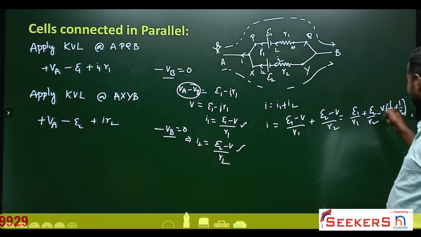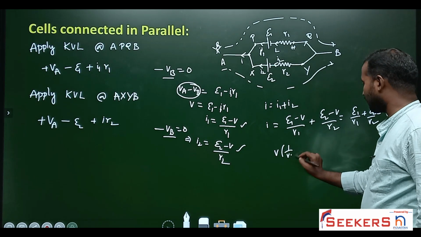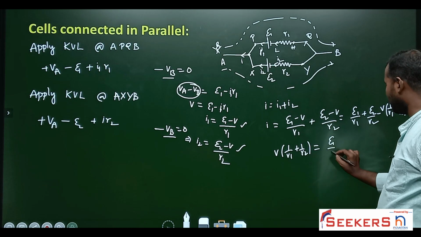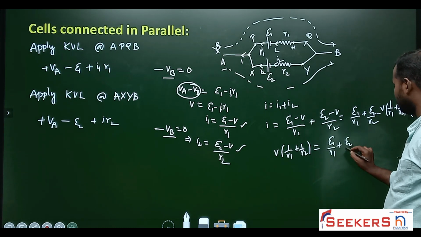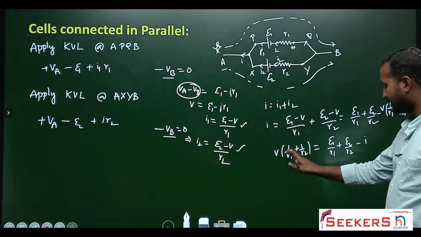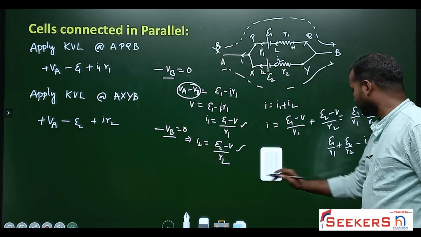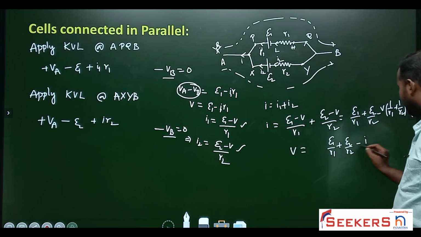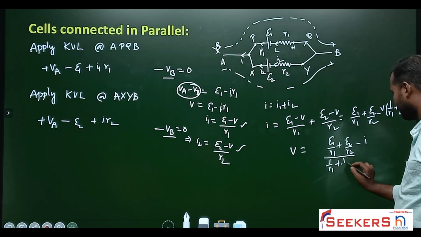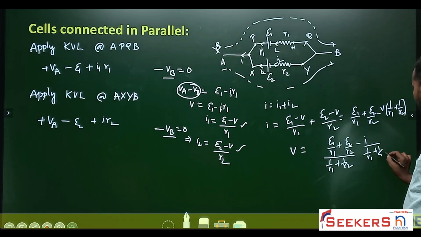Now if I just take this to the other side, I get V into (1 by R1 plus 1 by R2), and that's equal to E1 by R1 plus E2 by R2 minus I. Now if I just take this (1 by R1 plus 1 by R2) to the other side, I will get V is equal to this by (1 by R1 plus 1 by R2), and this by (1 by R1 plus 1 by R2).